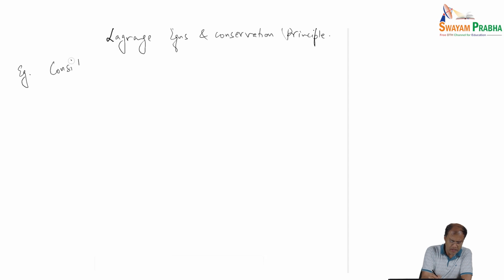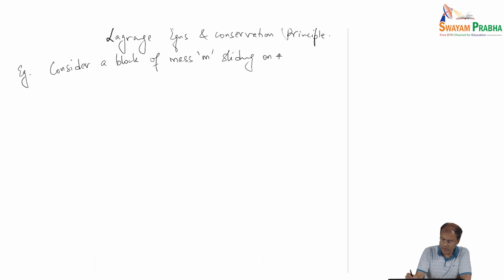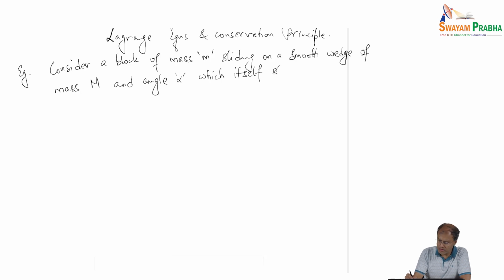The problem says, consider a block of mass m sliding on a smooth wedge of mass capital M and angle alpha, which itself slides on a smooth horizontal floor.